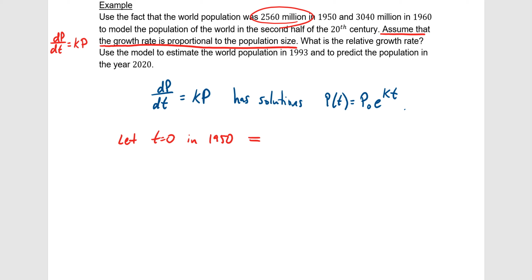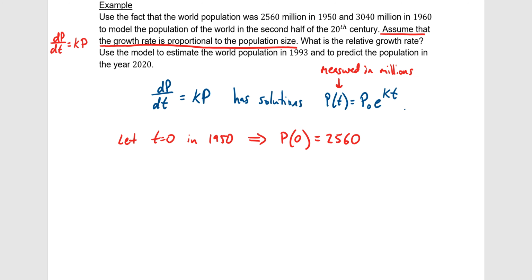What that represents is P of 0 is 2,560 million. So instead of having to write million every single time, we can say that P of t is measured in millions. That saves us from having to write out a lot of zeros or the word million every time.